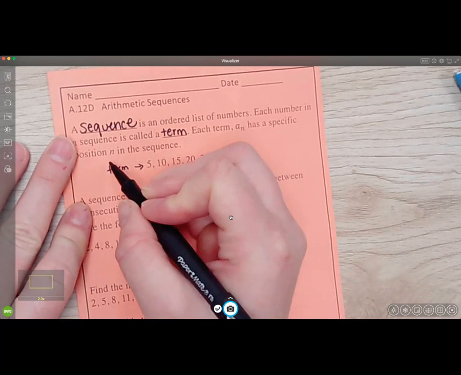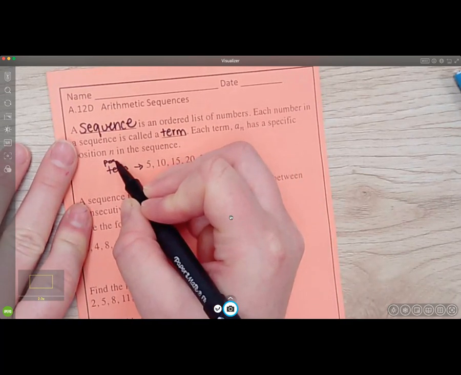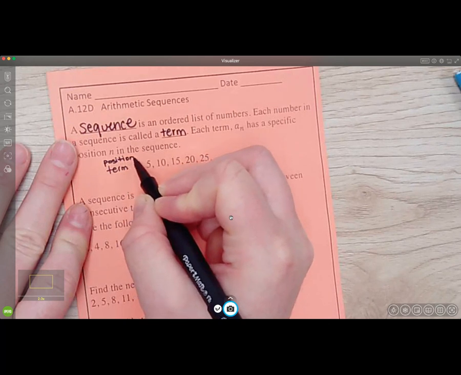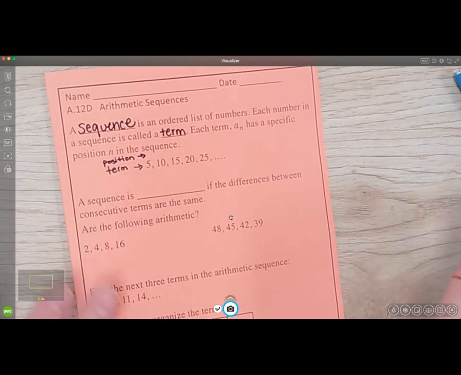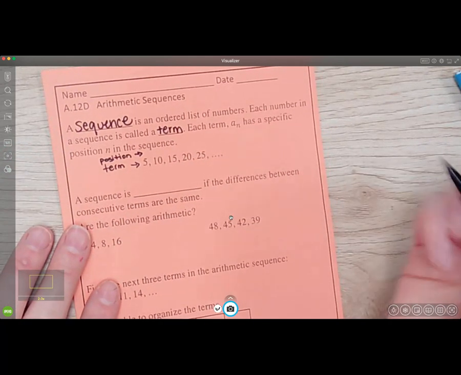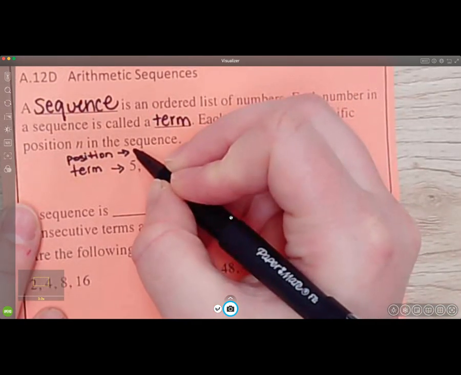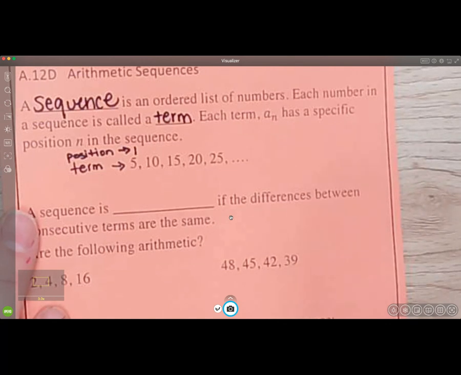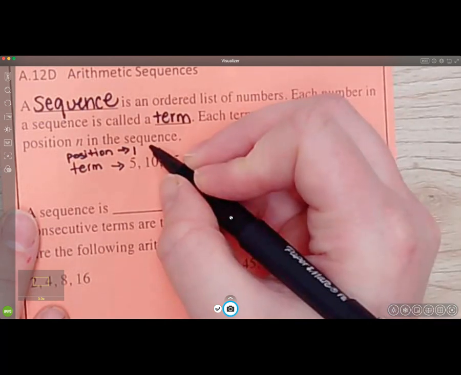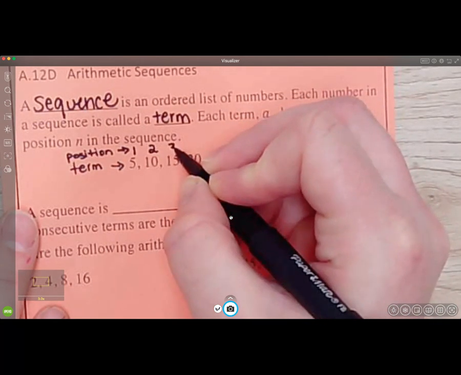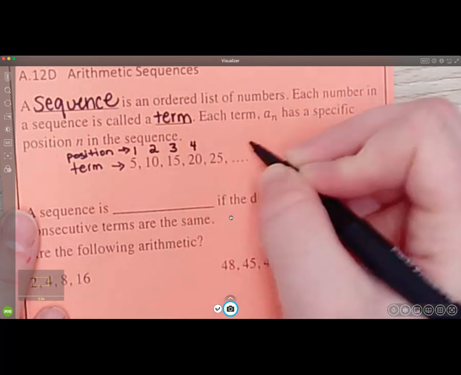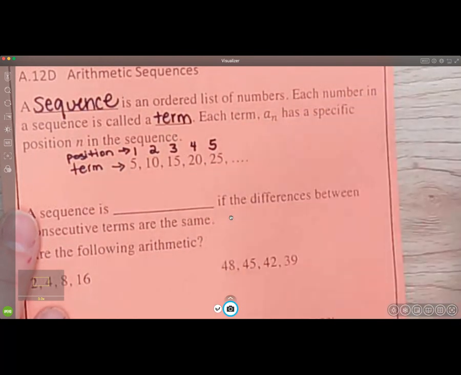So we are going to write above this position. 5 is the first number, so it's in the first position. 10 is the second one. 15 is the third. 20 is the fourth. 25 is the fifth.